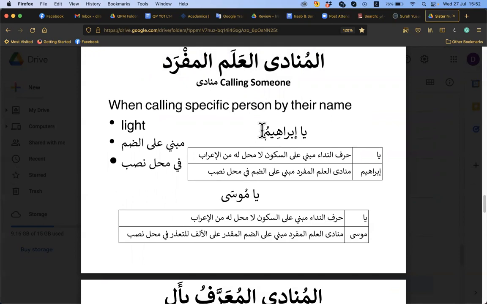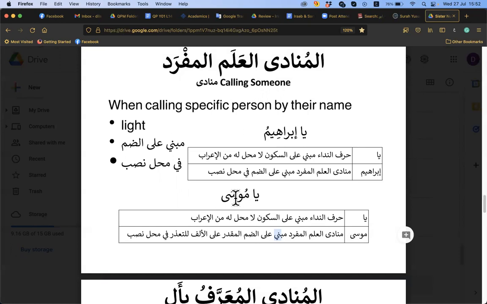Of course, the word Musa is never going to show a dhamma. So this one will still be mabni ala dham muqaddar also. Usually we just say it's marfu bil dhamma muqaddara, marfu bil fathah muqaddara, that's what we say usually.